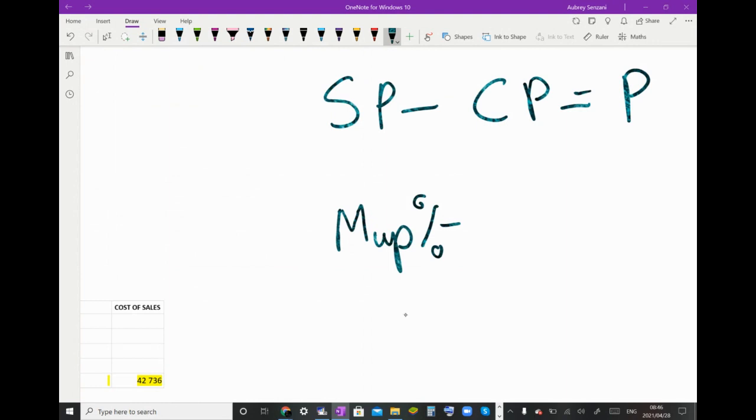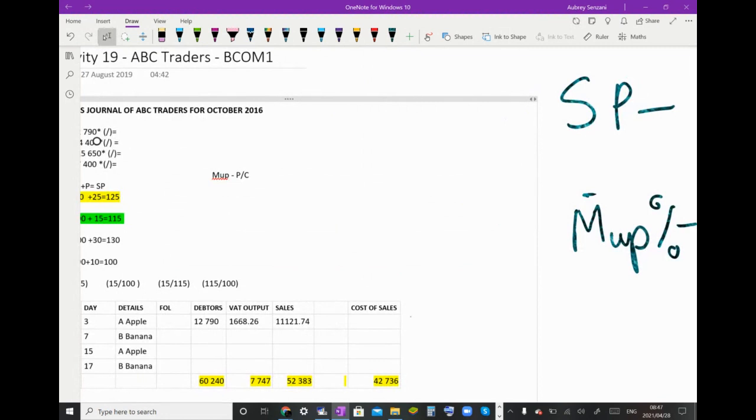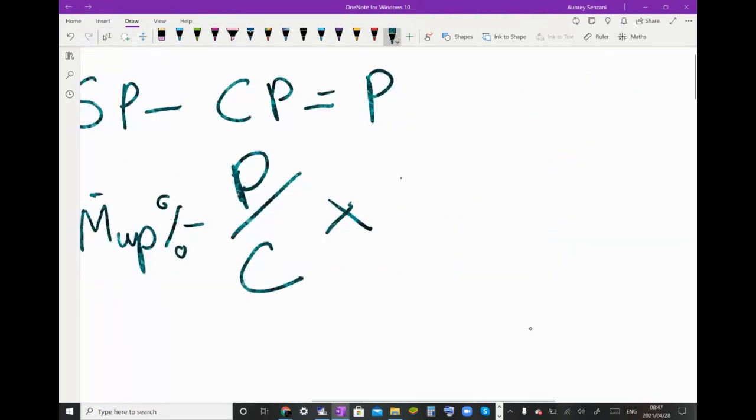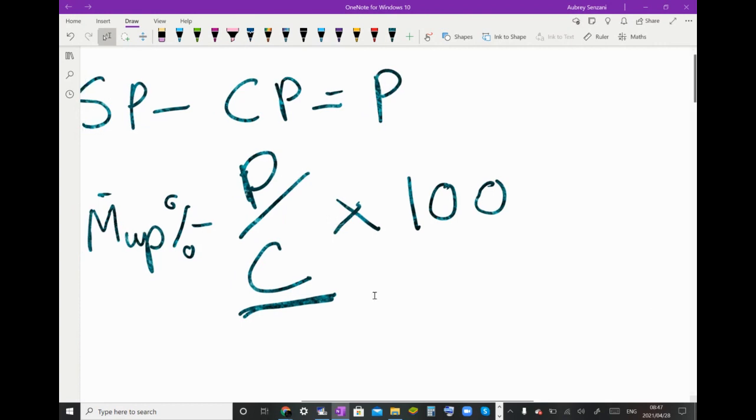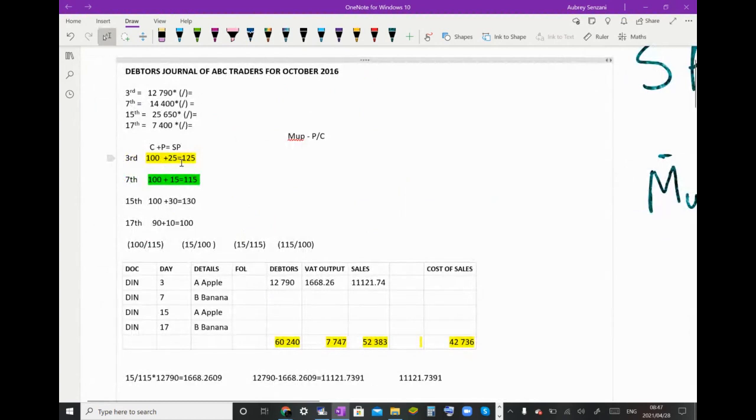Markup percentage. Remember, profit divided by cost times 100. Okay, so can you see, because it's on cost, we can then say profit is on cost, we can then say cost is 100. And I've just put these models up here, so just to save us some time, which you can see here.